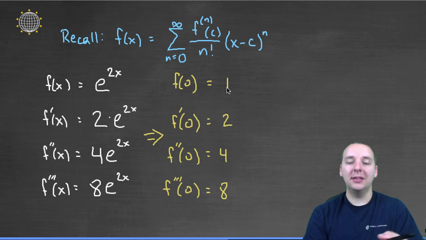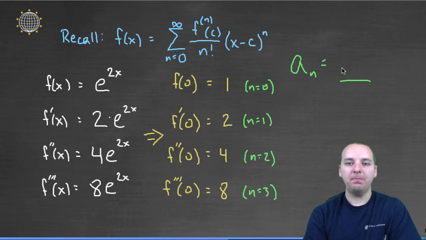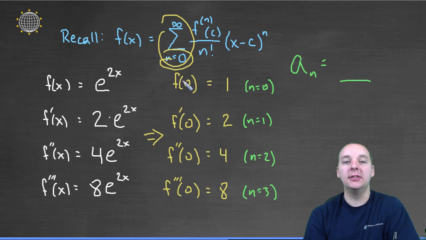So now I'm starting to see what the terms look like. And what I want to try to do, and hopefully you can do this in your examples, is determine some pattern that these are going to follow. I'm trying to find some sequence of terms where the 1 matches when n is 0, the 2 matches when n is 1, the 4 matches when n is 2, and 8 matches when n is 3, because these are going to be the first 4 terms of the summation that starts at 0.